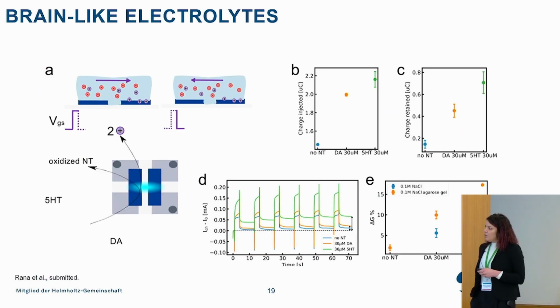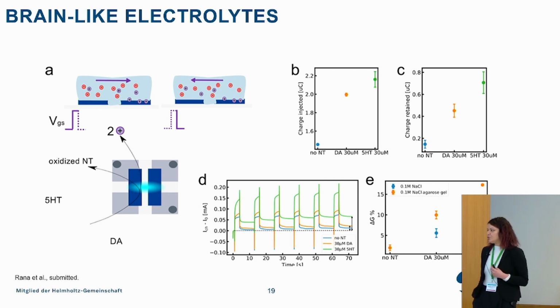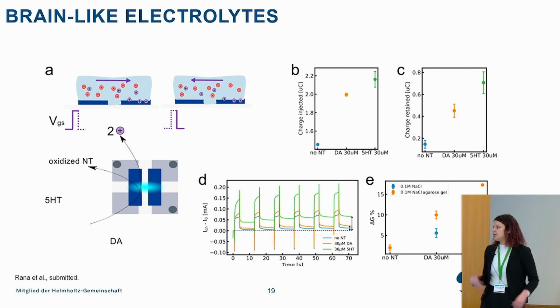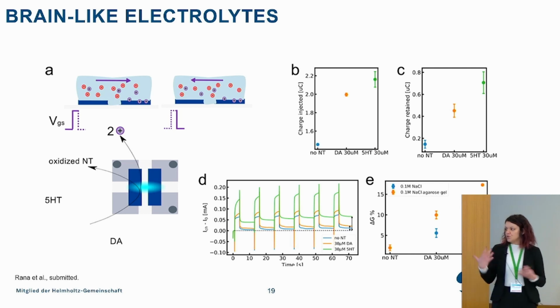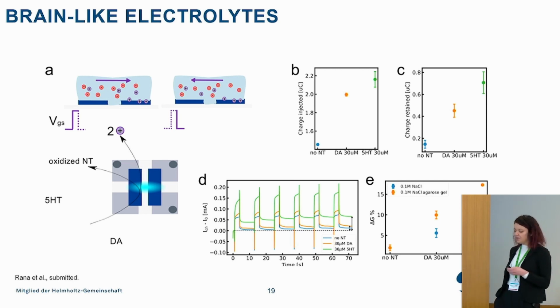And this is effectively also what we validated using, again, dopamine and serotonin. And we found also that the neurotransmitter which has a higher diffusivity constant can better diffuse and modulate the synaptic weight of our tissue-like neuromorphic device.